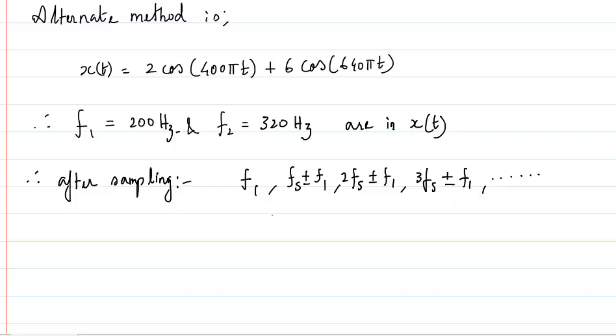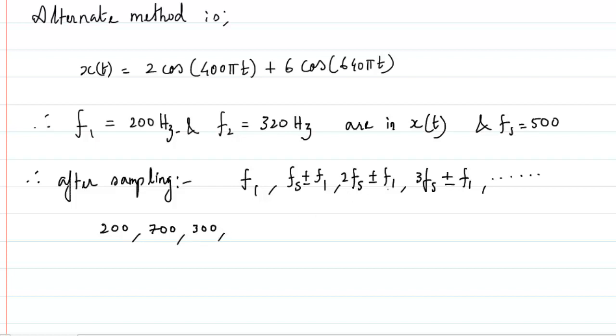But there is no need for us to calculate up to infinity. So f1 is going to be 200, and fs is equal to 500. So after sampling, 500 plus 200 is going to be 700, and 500 minus 200 is going to be 300.